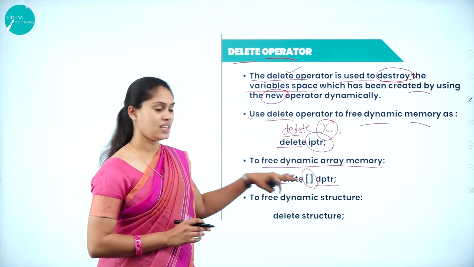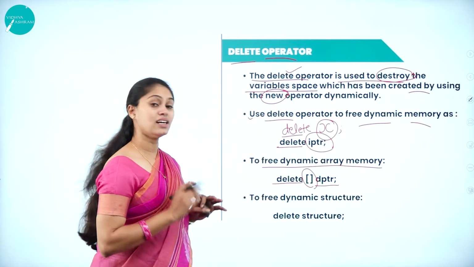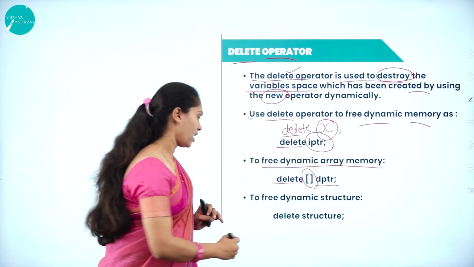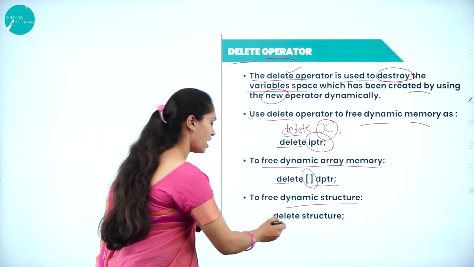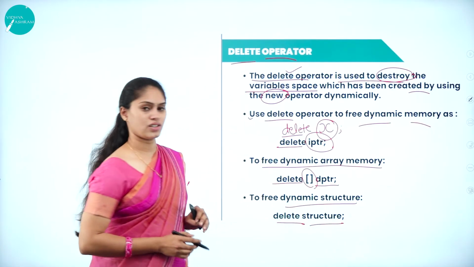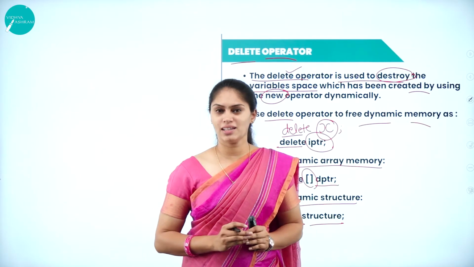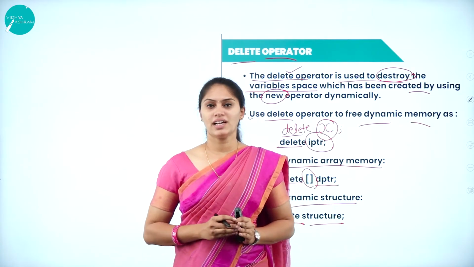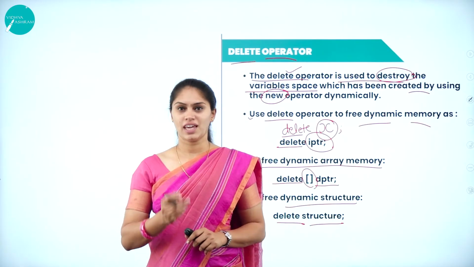In this way I can delete or free the array memory space dynamically. Then how can I delete a structure? In order to delete the structure, I need to specify the delete keyword and a structure. So with the help of this syntax, I can deallocate the memory space allocated for the variables by making use of the new keyword.